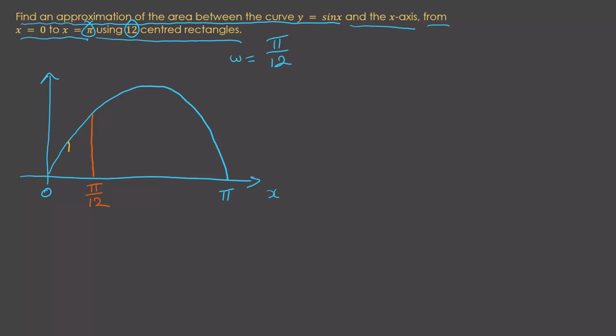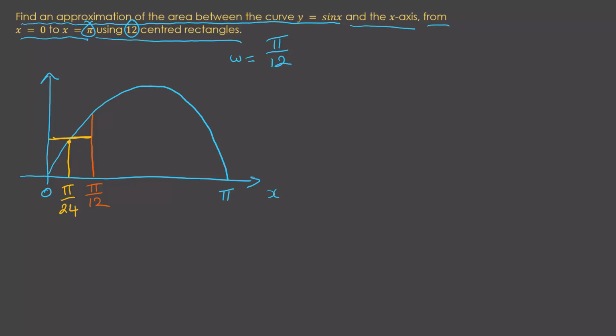My first rectangle will have a height the same as the center of that region. So this will be my first rectangle just here. Now clearly this is at pi by 24.